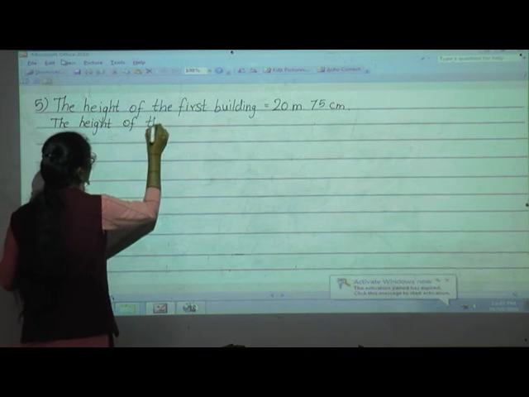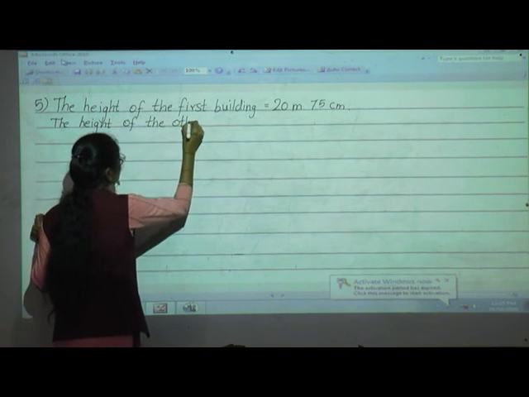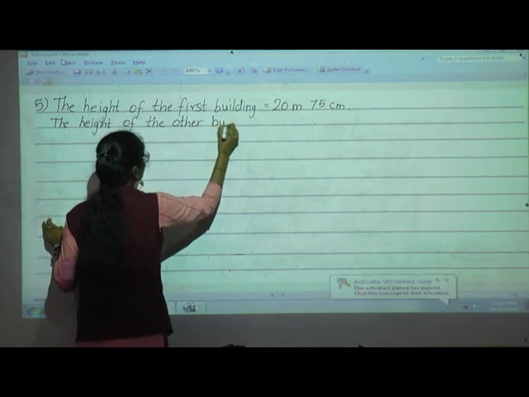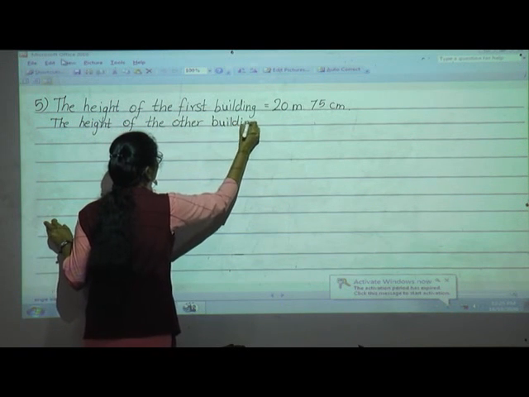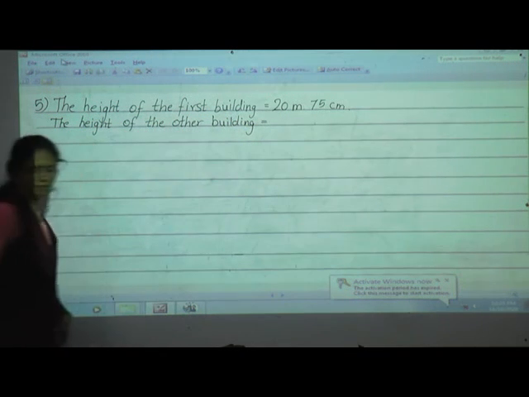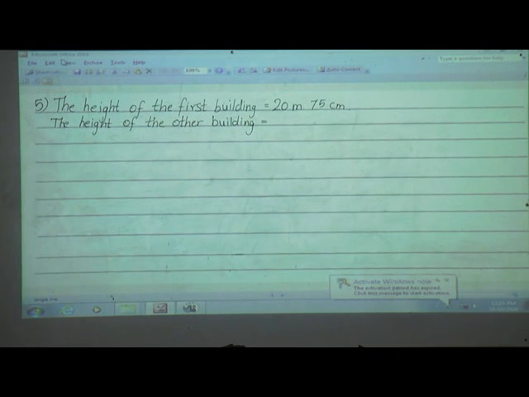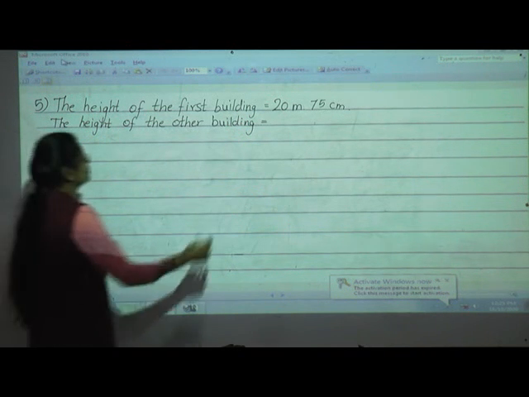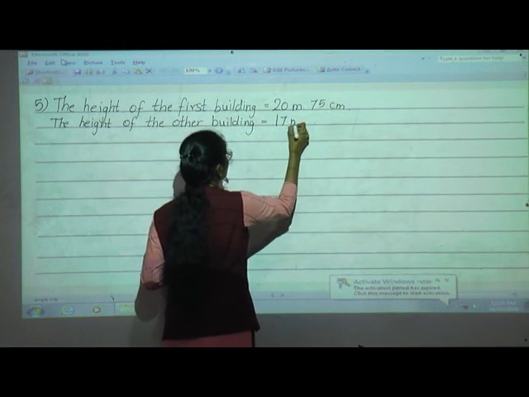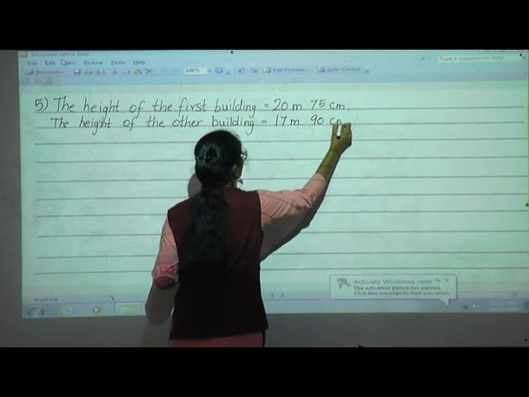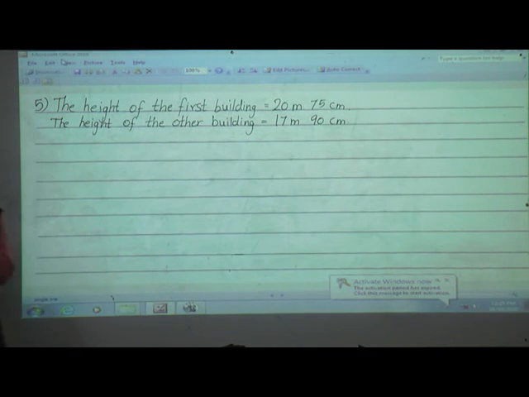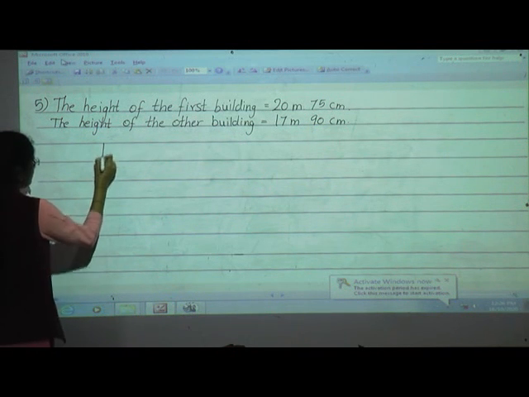Height of the other building is 17 meter 90 centimeter. Now here we have to find out the difference between the heights of the two buildings. So here we will do the subtraction.